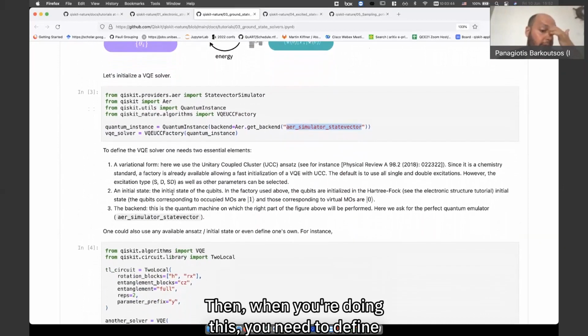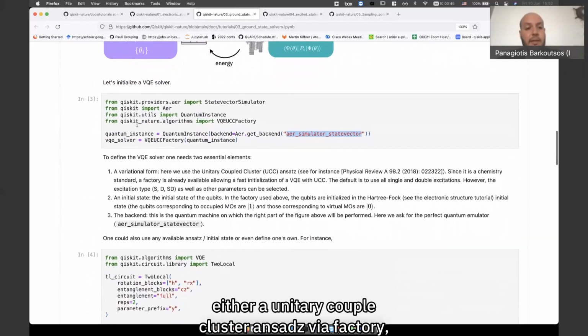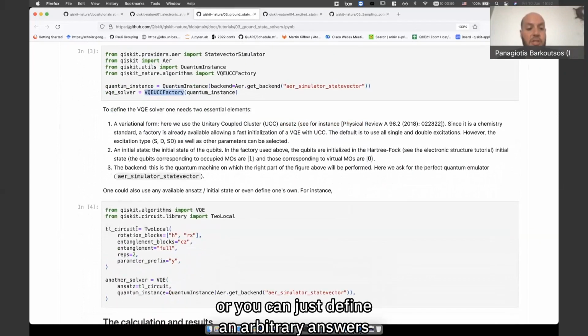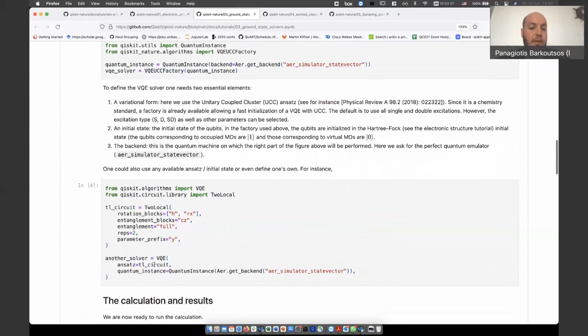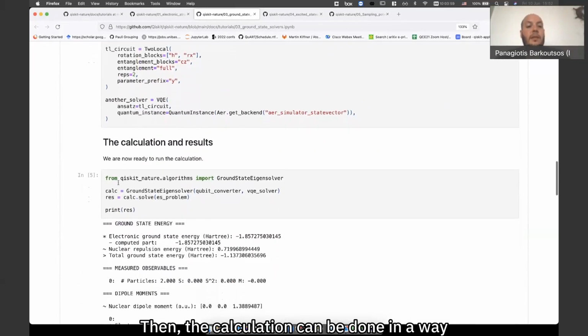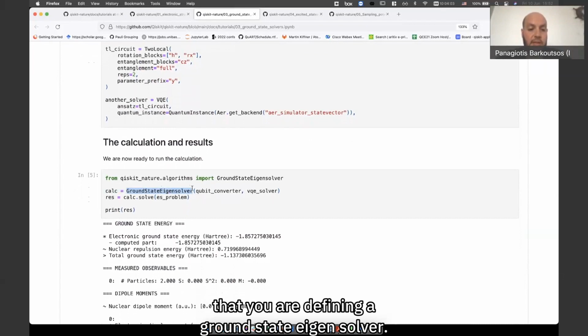Then, when you're doing this, you need to define either a unitary coupled cluster ansatz via a factory, or you can just define an arbitrary ansatz where you're using single qubit and 2 qubit gates. Then the calculation can be done by defining a ground state eigensolver.